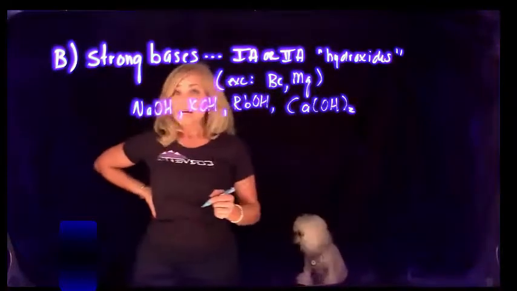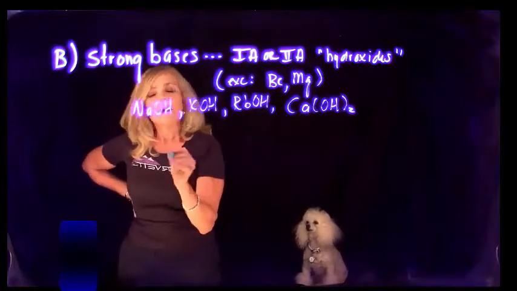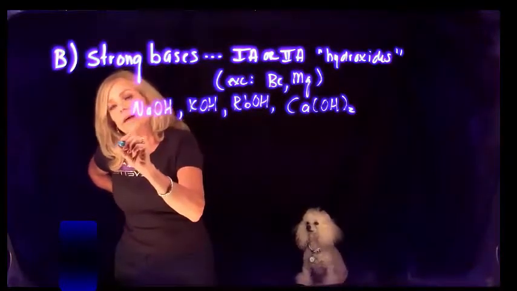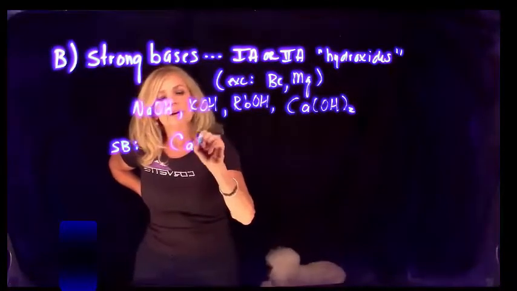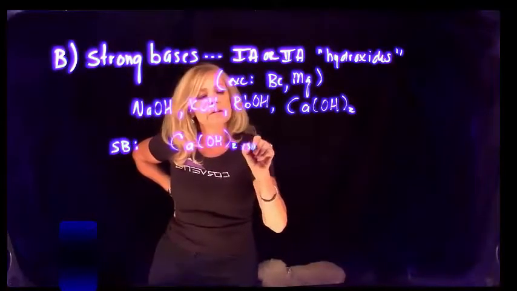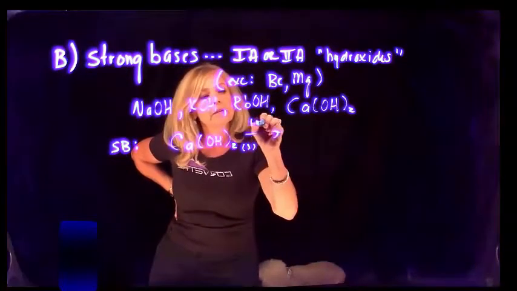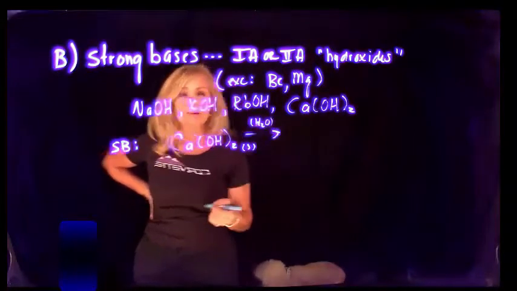All right, so let's select one of these and say, okay, what happens if I put a strong base in solution? Calcium hydroxide, you put this in water, what's going to happen?